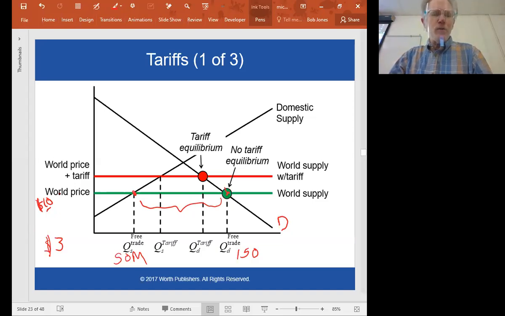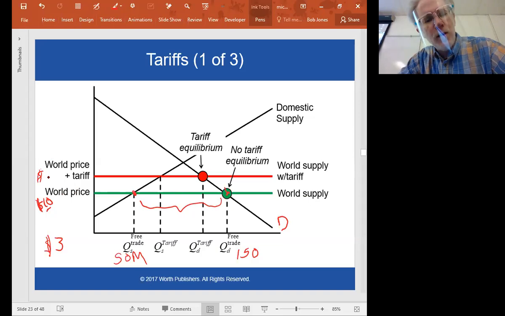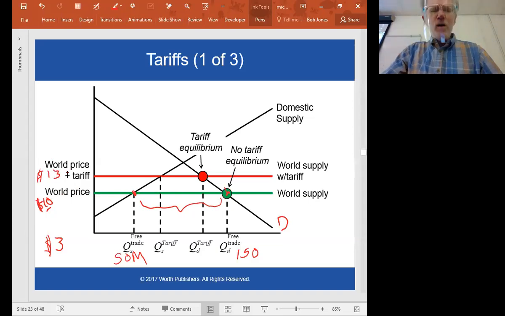So the world supply, which was horizontal here at $10, once we impose the tariff, is still horizontal, but it is going to be horizontal at $13.